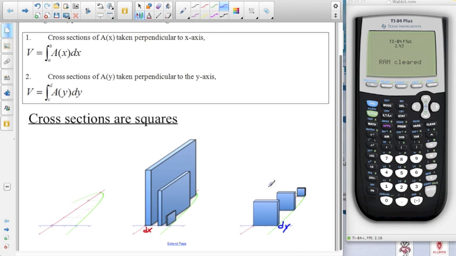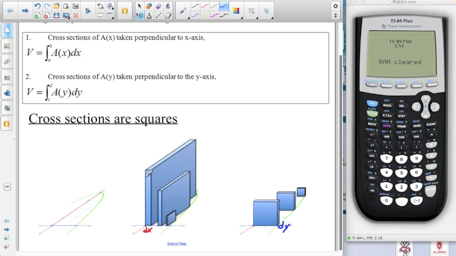And if you notice, depending upon the orientation of the slice, the incremental dx or dy, I get two very different volumes because of that different orientation.